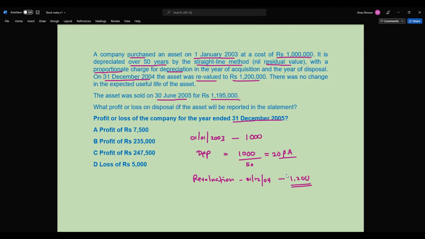When the asset is revalued on this particular date, we need to identify the net book value. Then the difference between the revalued amount and the net book value will be the revaluation reserve.